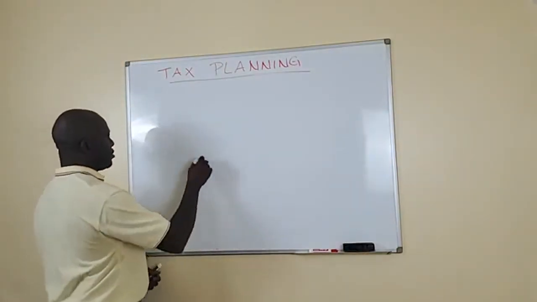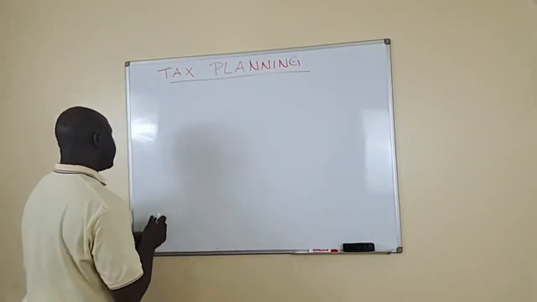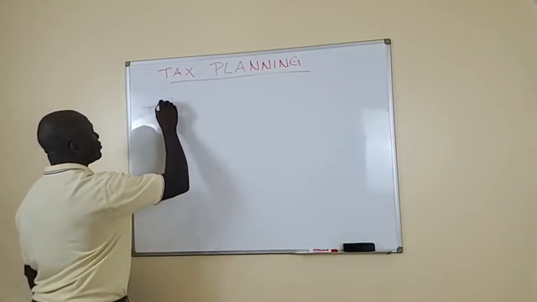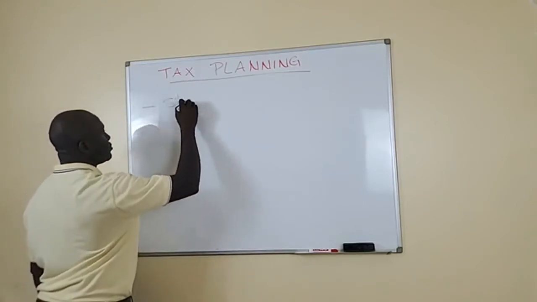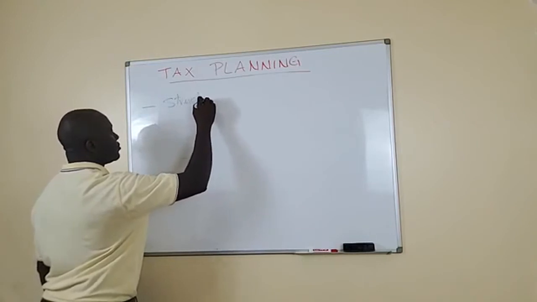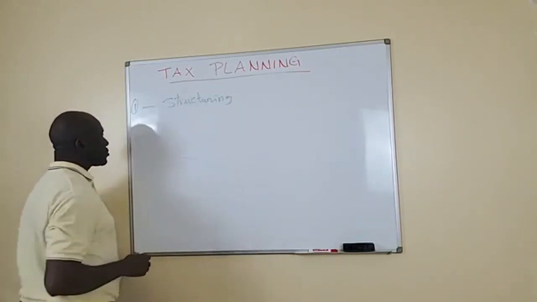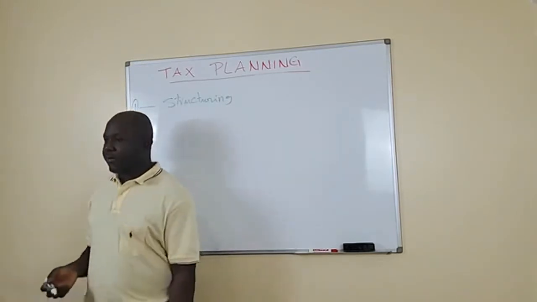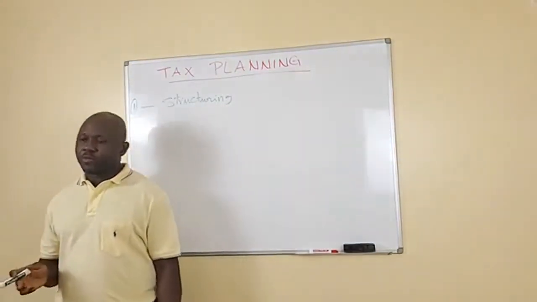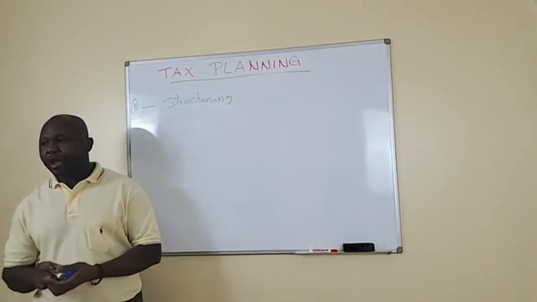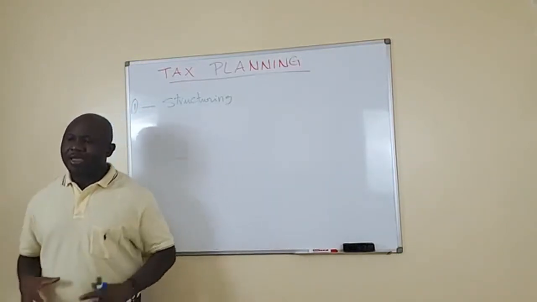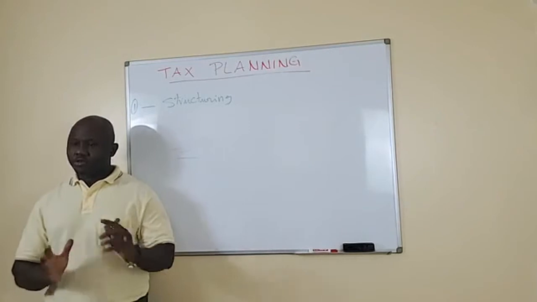I'm going to just put it on the board. Structuring. The first one is structuring. What does structuring mean? It means that tax planning can help you restructure a lot of situations.